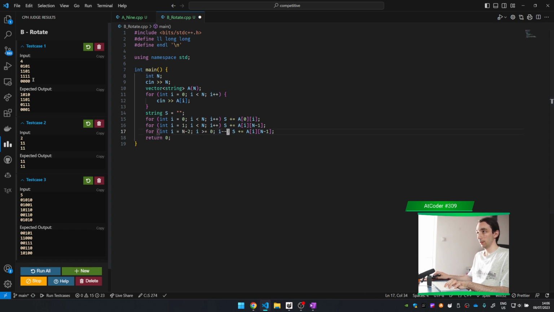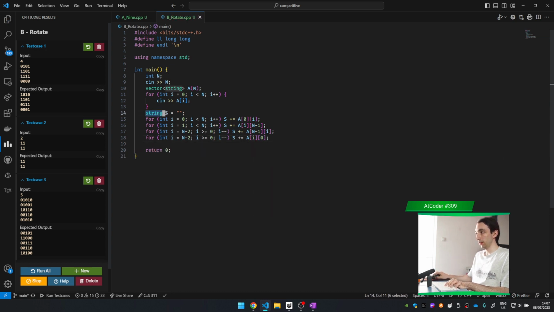So this is the reversed thing, and this is [n-1][i], so this is the last row. And then you need to start from here, and then this is like this row and then 0.